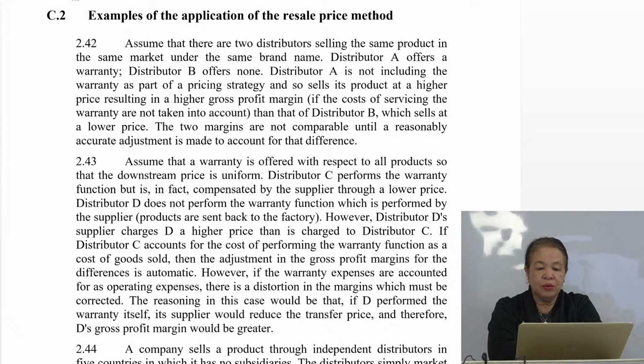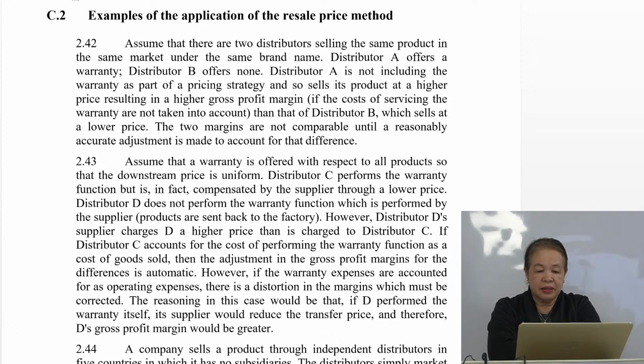So you have to make an accurate adjustment on the cost of the warranty, account for that warranty in order to make them equal, in order to determine the arm's length price that should be charged for the selling of the product.